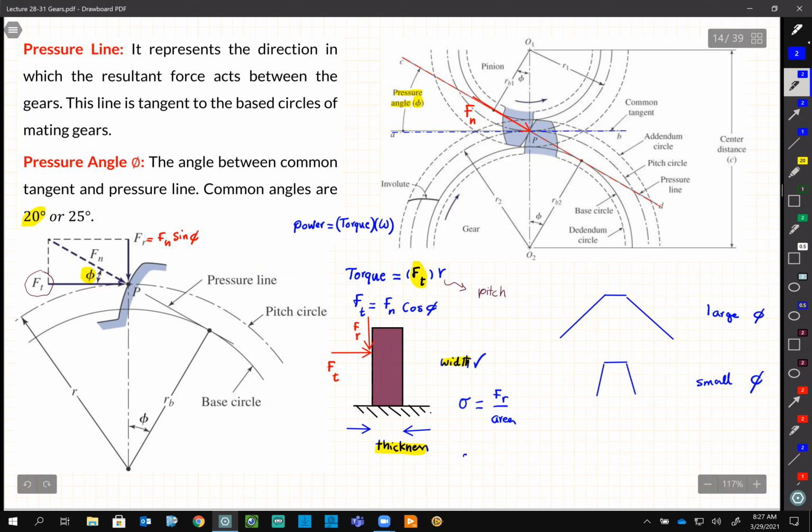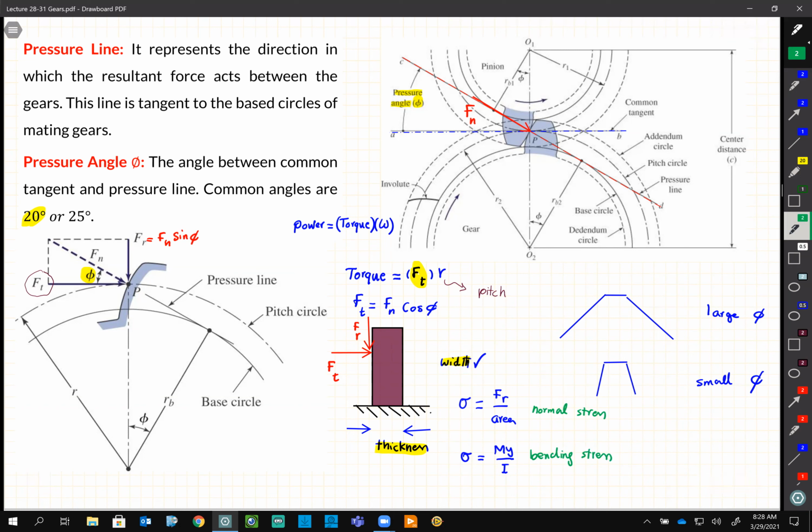And there is another sigma because of bending. So this is normal stress, and this is bending stress.